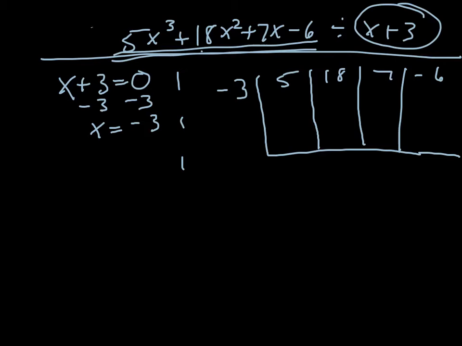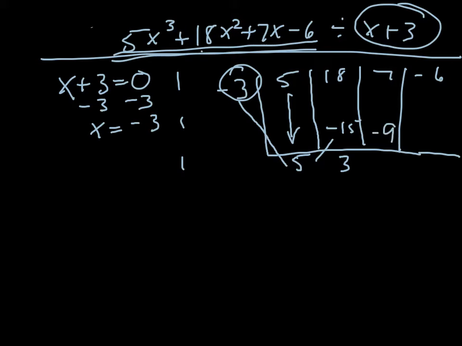So first thing you want to do is bring this 5 down right here, so that's your first number, and then you multiply the -3 times the 5 and put it here. So you have -15, and then you add it to the 18, so then you'd have 3, and then you do the same thing again. You multiply this number with the number on the bottom, so that would be -9.